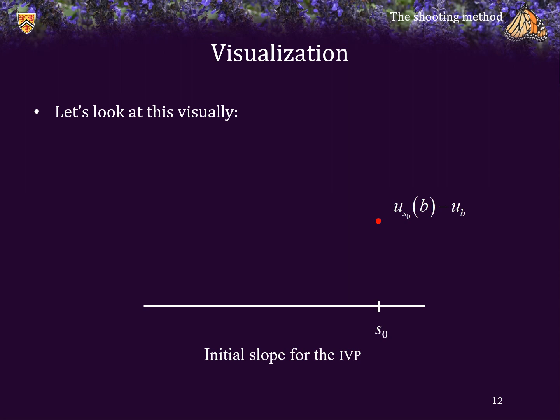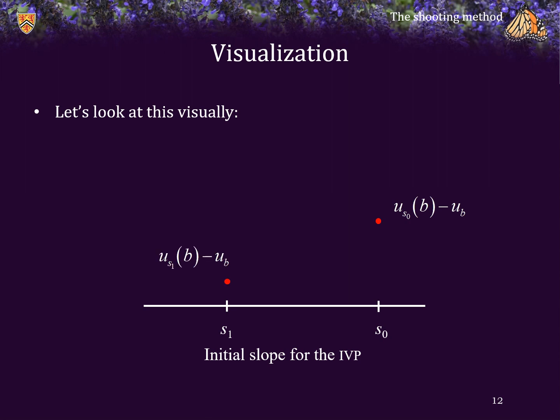In this case, that is positive, and therefore we really want to try a smaller slope. So we described an equation for calculating this next slope, which in this case is going to be a smaller value.